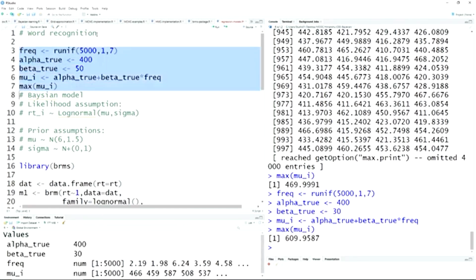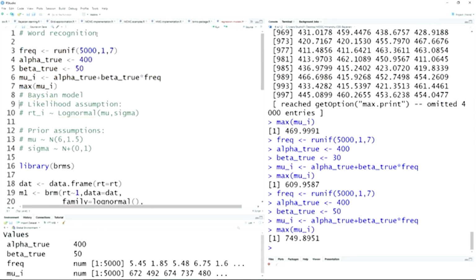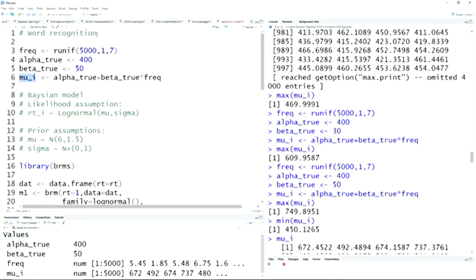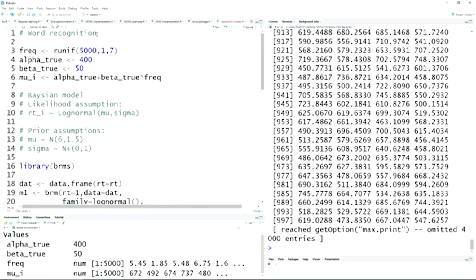This is fine now. Okay, so these are now the mu i's. Now this is a vector. Mu i is a vector. Now let me generate from a normal distribution. Recognition time in the ith trial comes from rnorm 1, mu i and sigma true.